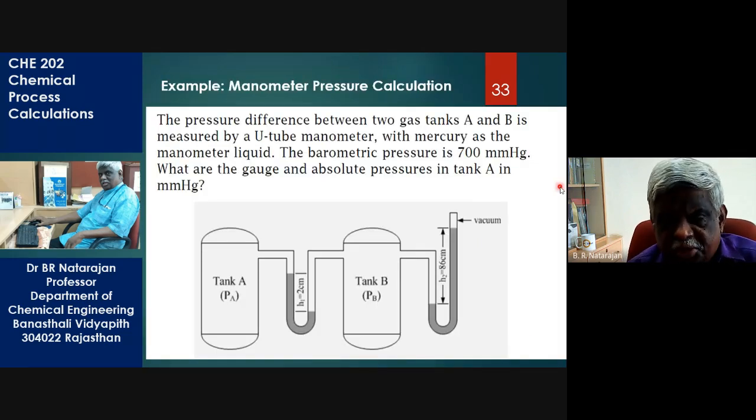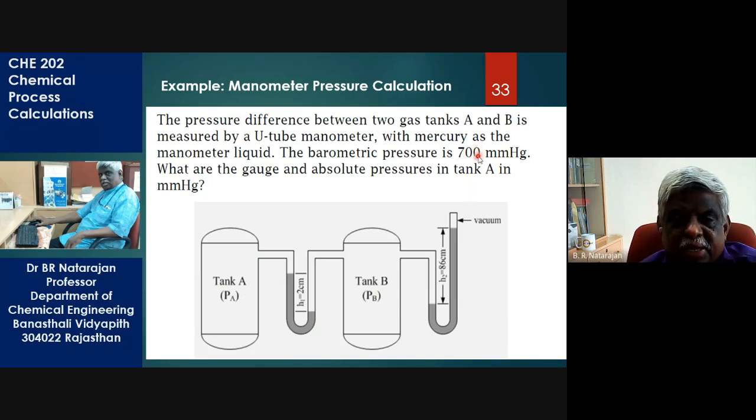Manometer pressure calculation. We'll just do this small problem to wind up the lecture today, so that next class we will take up multiple choice questions on pressure. To do this problem, you find the pressure difference between two gas tanks. This is tank A, this is tank B, each with a gas, and between the two tanks you have a manometer with mercury as the liquid.